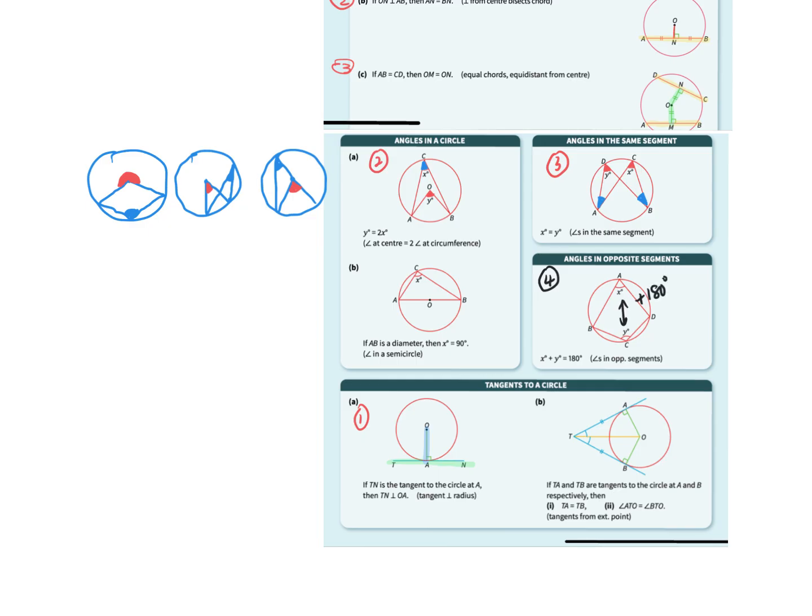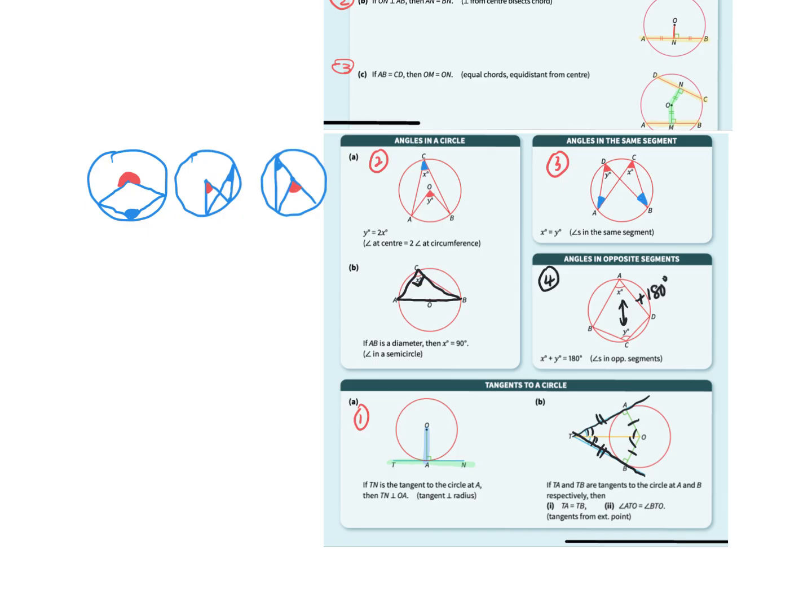If you have a semicircle and you form a right angle triangle, this is always 90 degrees. The very last one: if you have 2 tangent lines that meet at an external point, these 2 triangles are congruent, meaning this side is the same, this angle is the same, and these 2 angles are the same.